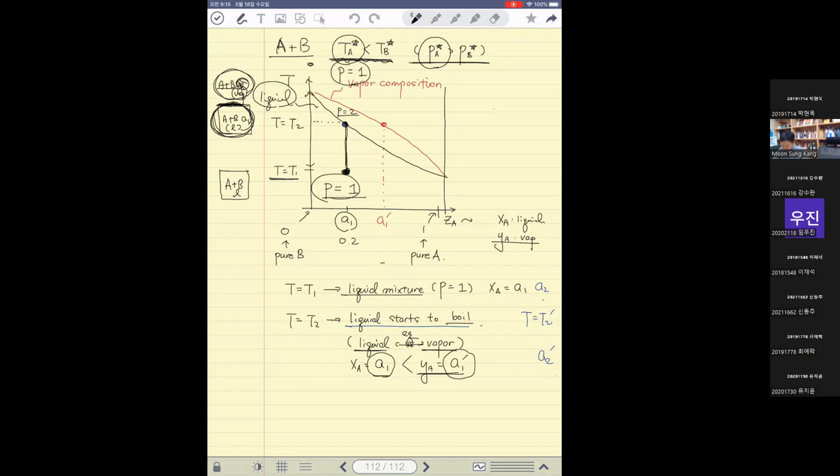That vapor phase is going to have a composition of A1 prime, and the liquid that has not been evaporated yet is going to have a composition of A1. What's going to be the amount? Like, what's going to be the ratio between the liquid phase and the vapor phase at this point?